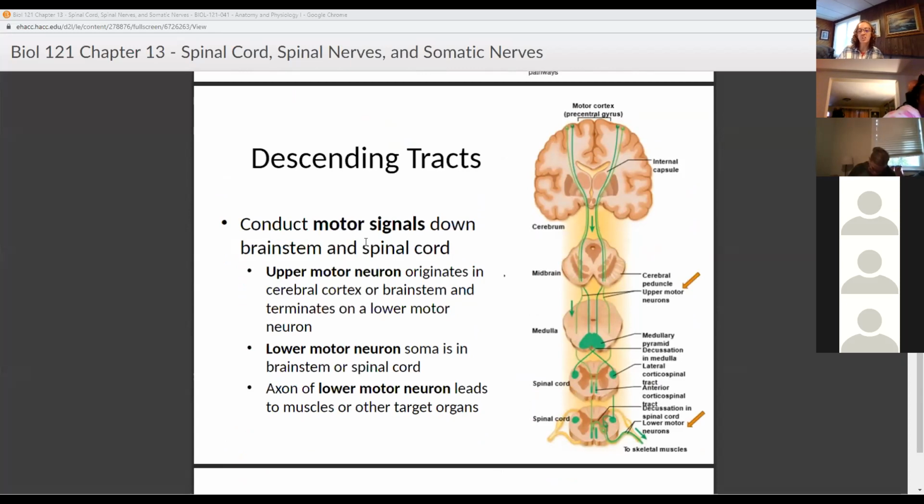In contrast, the descending tracts are going to conduct motor signals down the brainstem and the spinal cord. The upper motor neurons are going to originate in the cerebral cortex and brainstem and terminate on a lower motor neuron.